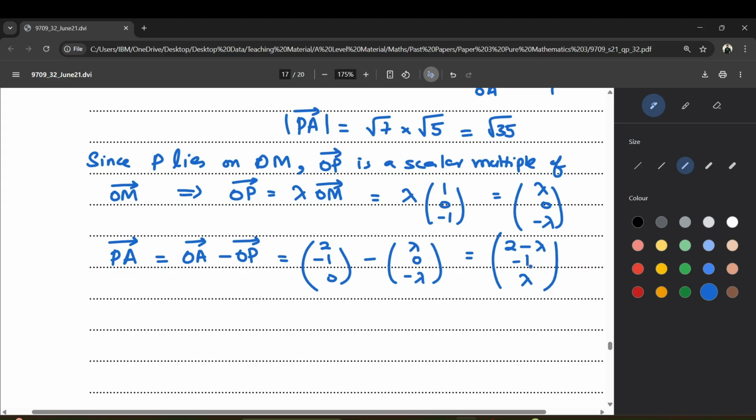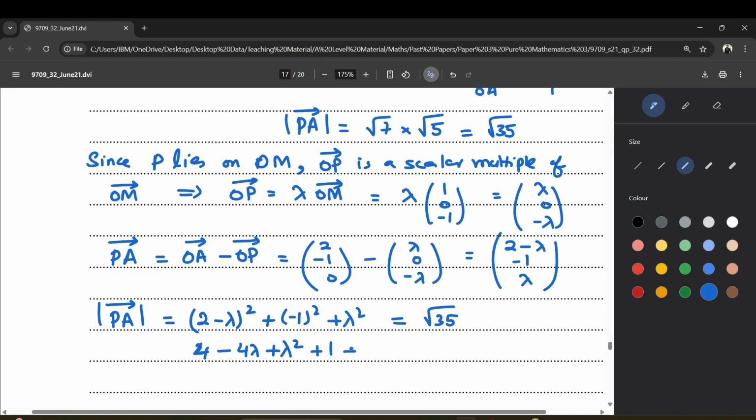If I work out the magnitude of this, the magnitude of PA is equal to the square root of (2 minus lambda) whole squared plus (minus 1) whole squared plus lambda squared, and that will be equal to root 35.